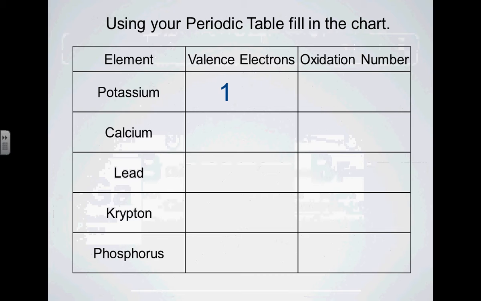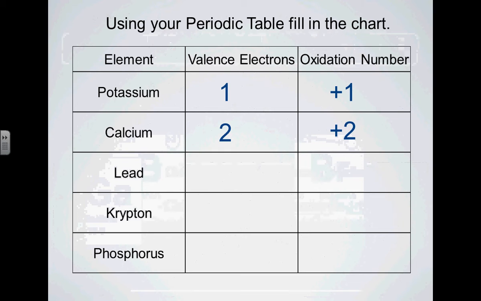Potassium has 1 valence electron in its outermost shell. So what is its oxidation number? Nicholas? +1. It has 1 extra electron that it would like to just get rid of, and then it would be happy. How about calcium? Calcium has 2 electrons in its outermost shell. Morgan, what would its oxidation number be? +2.